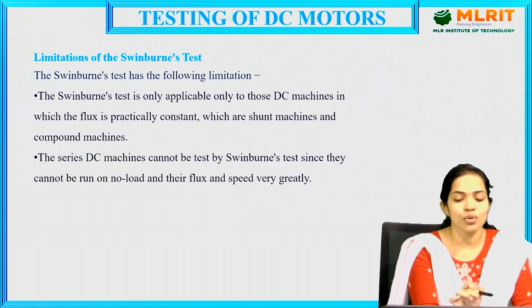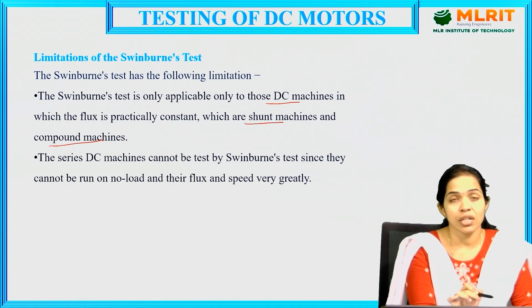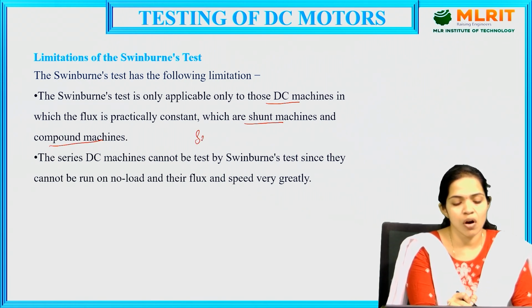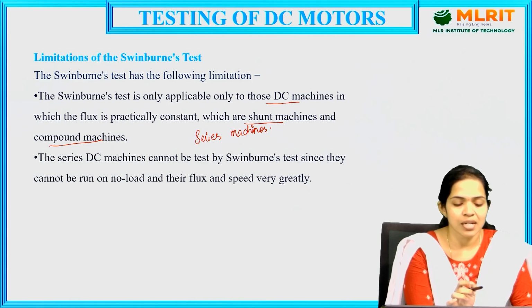Swinburne's test is only applicable to DC machines with constant flux. Practically, constant flux is seen in shunt machines and compound machines. So it is not applicable to all kinds of machines. It is not applicable to series machines because we usually apply this test under no load conditions.